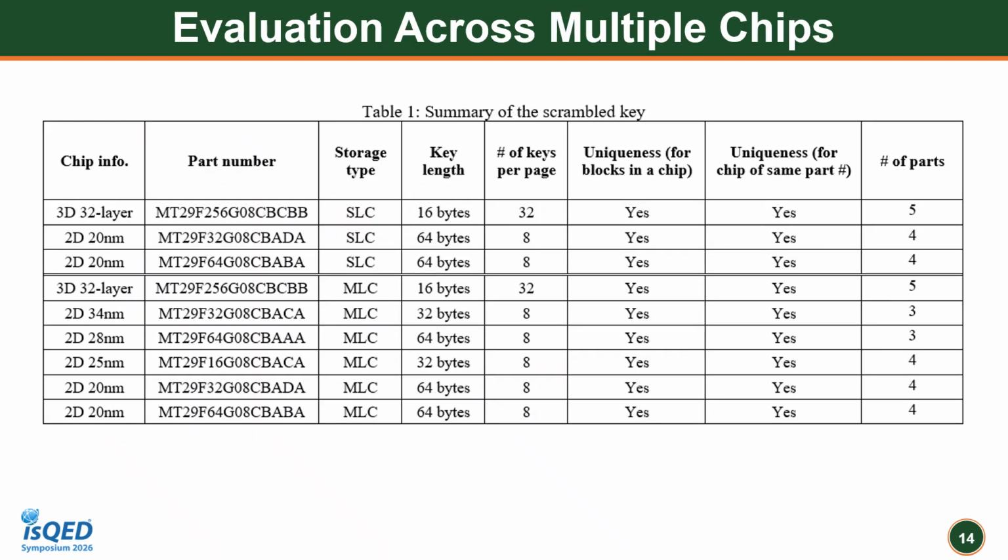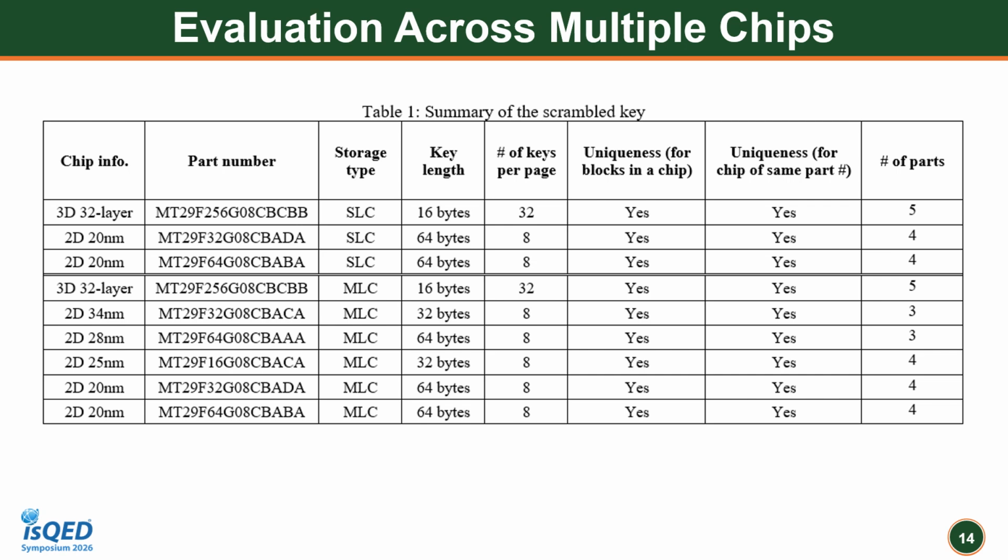This table summarizes all of our multi-chip evaluations. As you can see here, we evaluate our technique on different chips from 2D and 3D, and storage types from SLC to MLC. The key length for all the chips is different, and the number of keys per page, especially for 2D and 3D, is different.